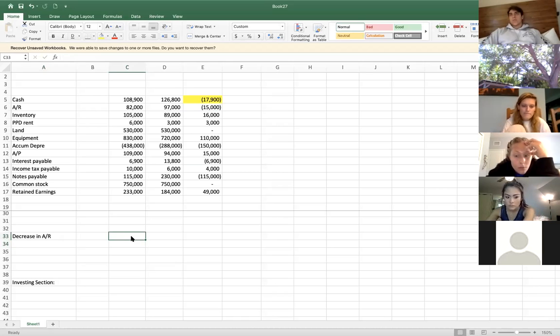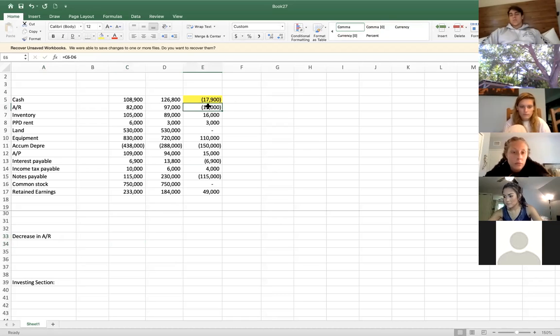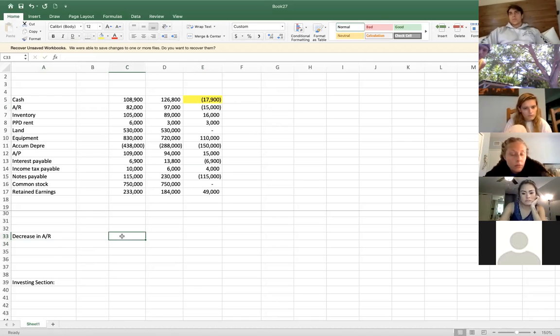Negative 15,000. Right, okay, so my decrease in accounts receivable was 15,000. Now, if accounts receivable decreased, that means that less people owe me money.